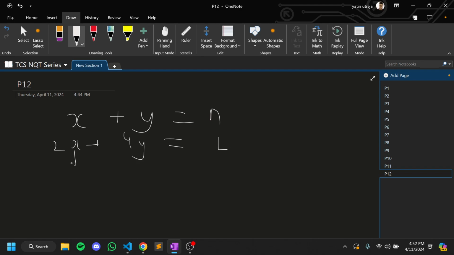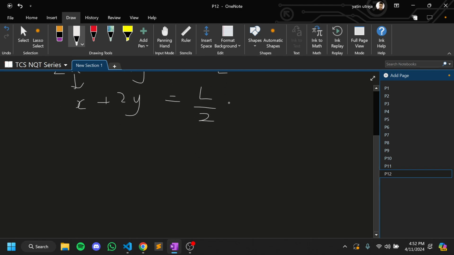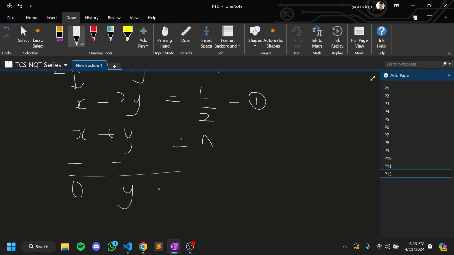We can reduce this equation by taking 2 common. I'm skipping that step because we have already done this problem before. This is equation 1, and x plus y equals n is equation 2. Just subtract these, and we get y equals L over 2 minus n.